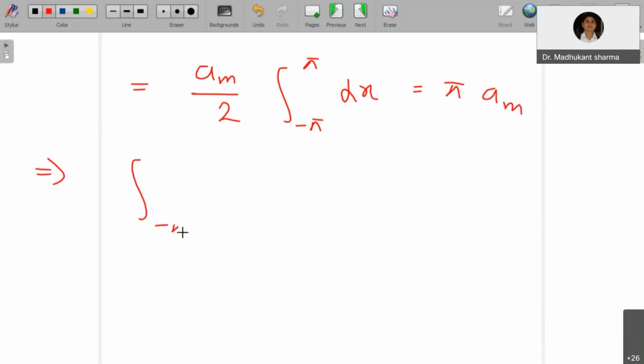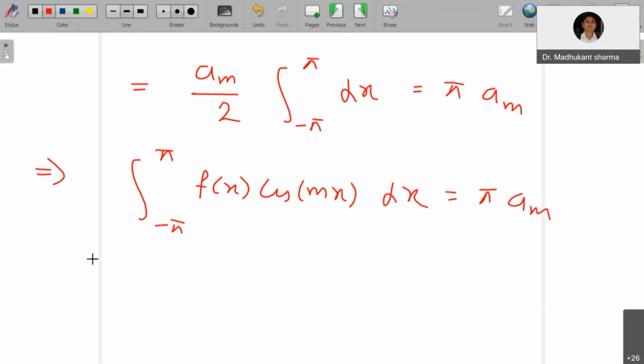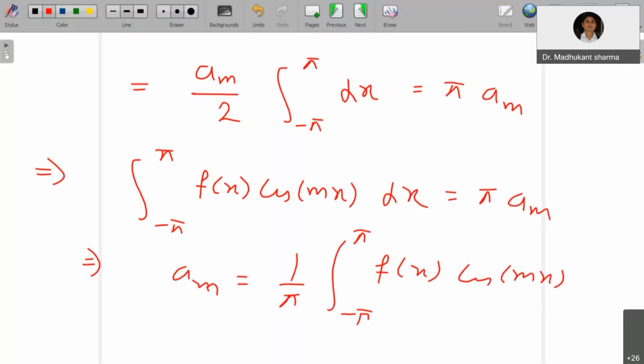Integration from minus pi to pi of f of x times cos mx dx is equal to pi times a m. So this implies a m is equal to 1 by pi times integration from minus pi to pi of f of x times cos of mx dx.